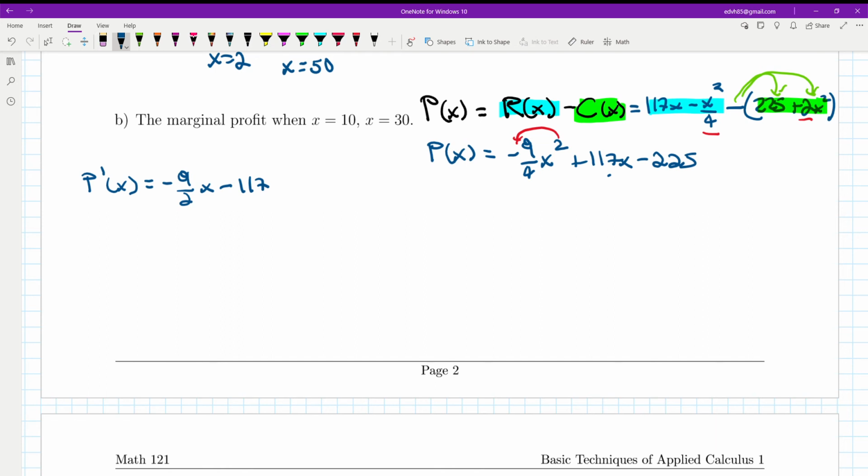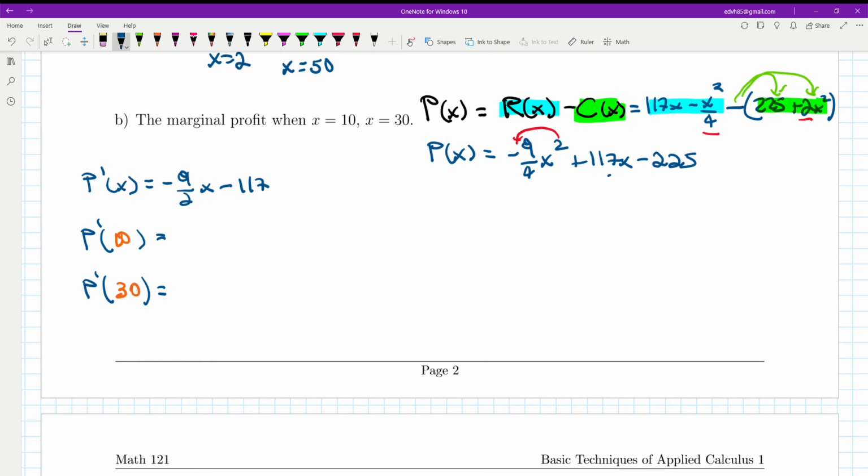All right. So now let's find the marginal profit when x equals 10 and when x equals 30.